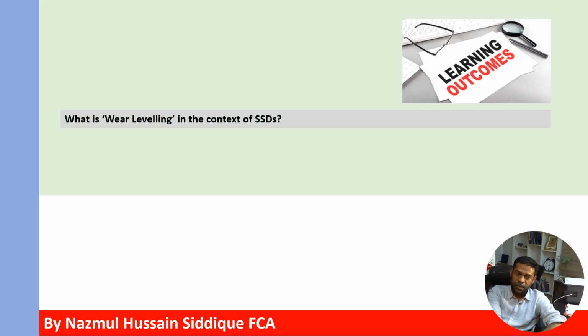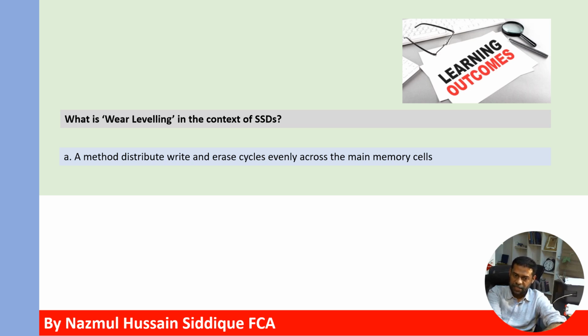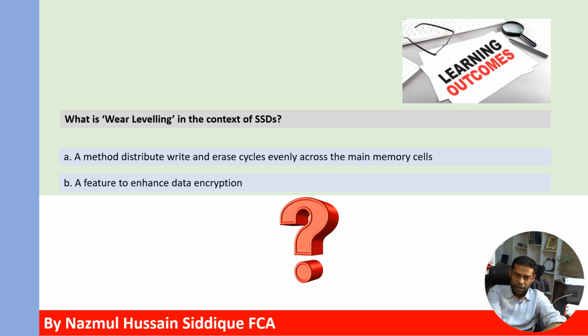Next, what is wear leveling in the context of SSDs? A. A method to distribute write and erase cycles evenly across the memory cells, or B. A feature to enhance data encryption.